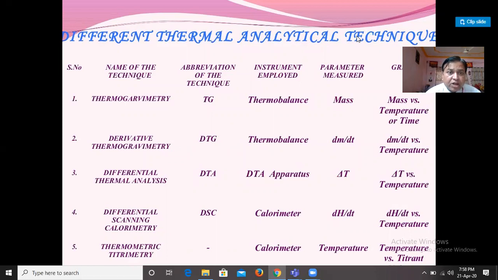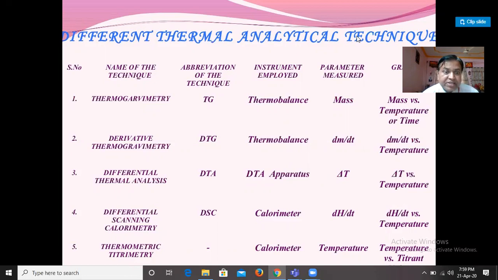Number one, thermogravimetry, that is called TG. Instrument applied is a thermobalance, parameters measured are mass and temperature. Derivative thermogravimetry, that is called DTG, thermobalance.